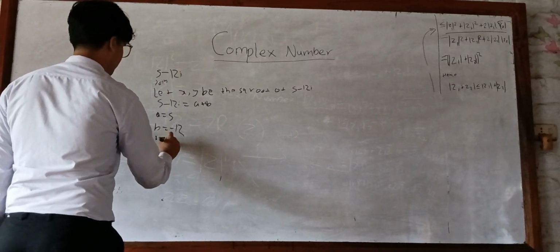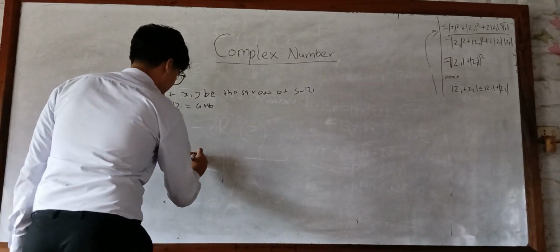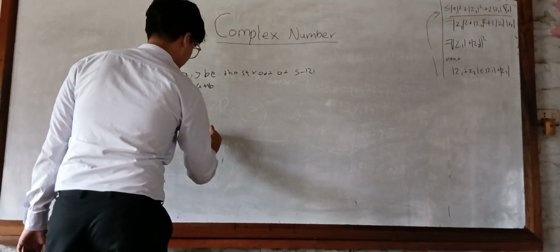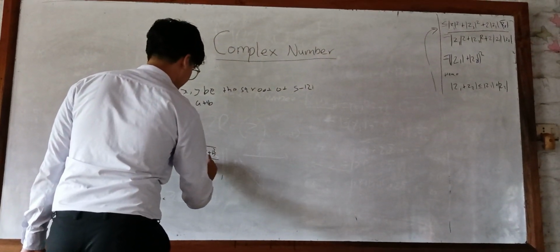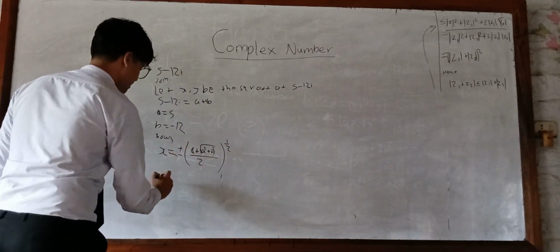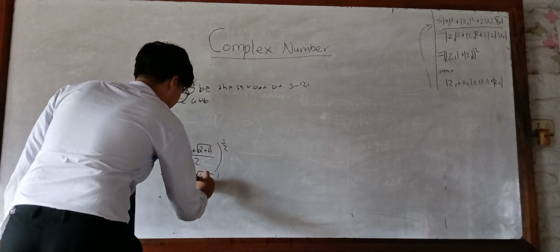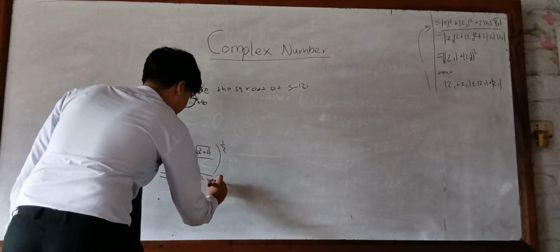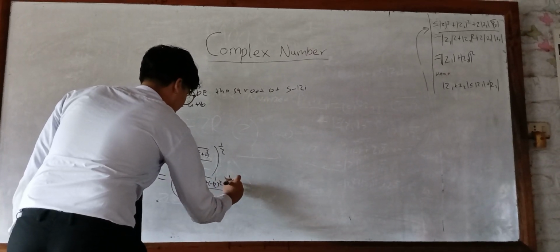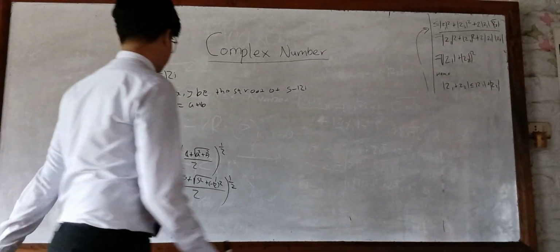Now the formula for the first root, x, is plus minus the square root of (a plus root a square plus b square) by 2. You can just put the values in: 5 plus root of 5 square plus 12 square, by 2, which equals plus minus 3.